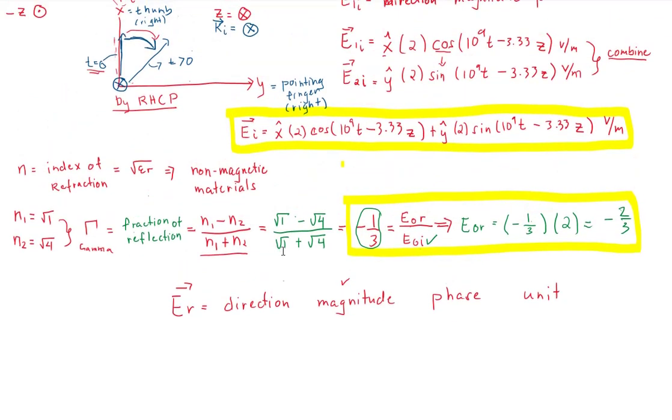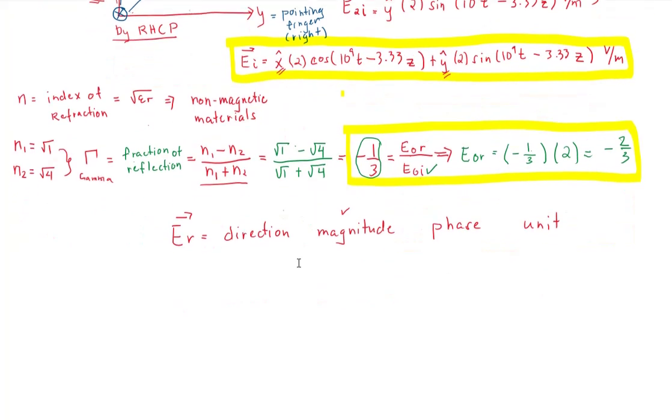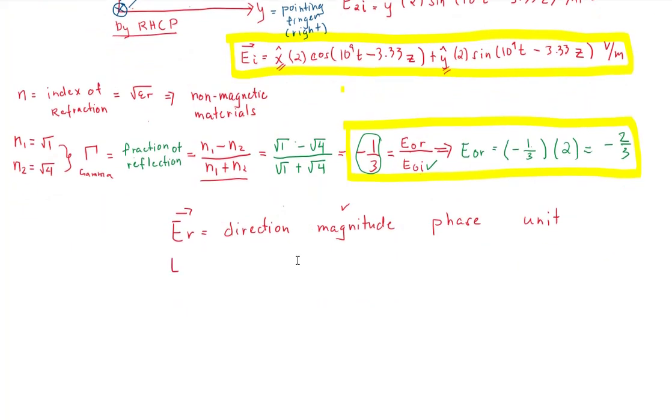Now we just have to figure out the direction, phase, and unit. For the direction of E sub r, or E reflected, we are just gonna copy the direction from E sub I. So over here, E sub r equals direction, copy the direction of the first term of E sub I, that is just x hat, and then multiply it by the magnitude, that is negative 2/3.